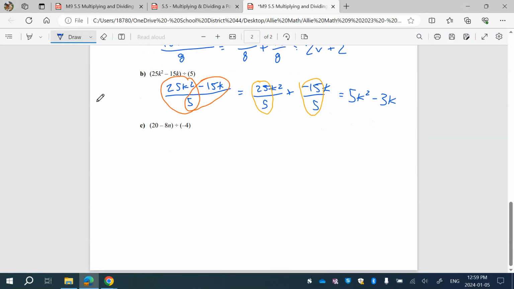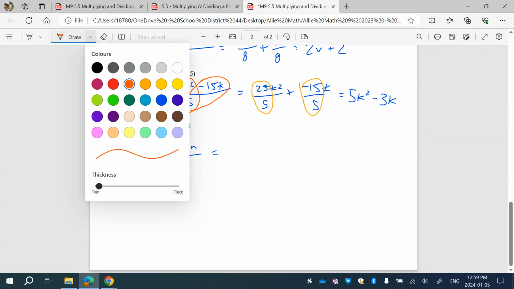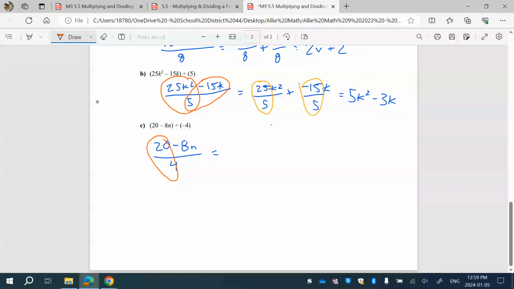Let's do the last one. I'm going to rewrite it again. So 20 minus 8n divided by 4. Let's split it up into two fractions. So we got this one right here and this one right here.